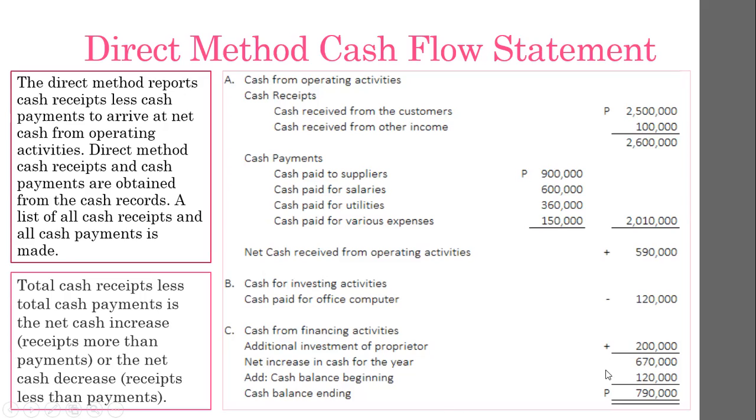Katulad lang po, ito po ay nag-a-appear sa owner's equity. So, 590 minus 120, iyan po ay 470.